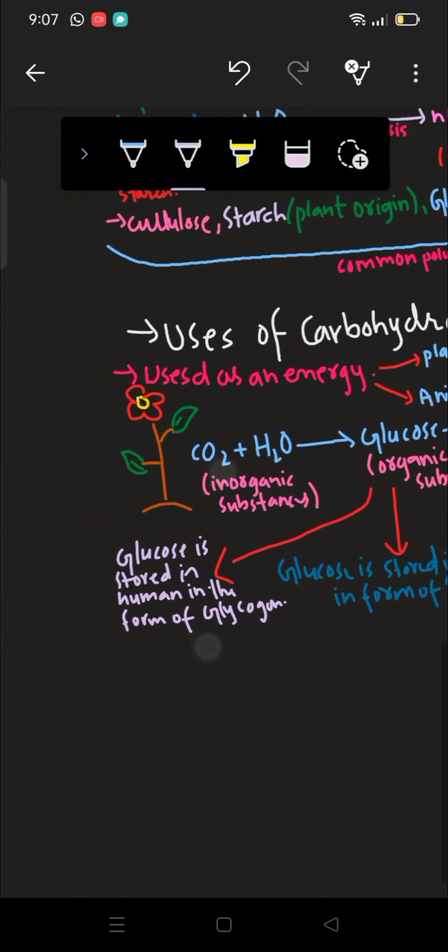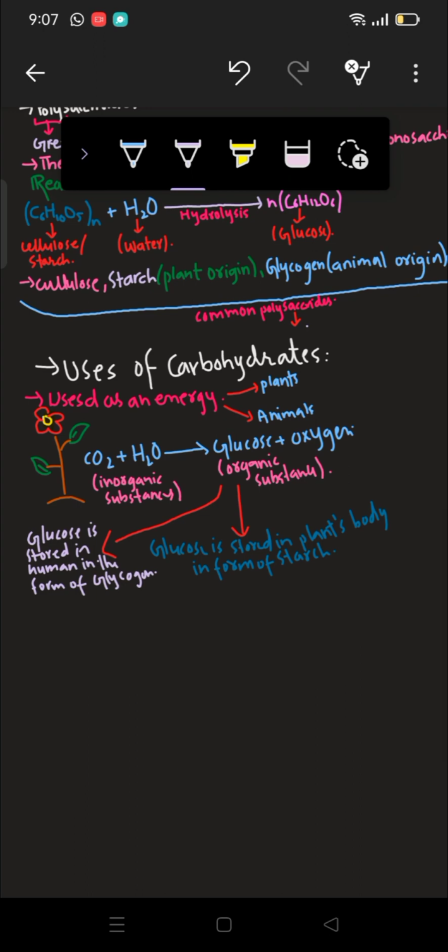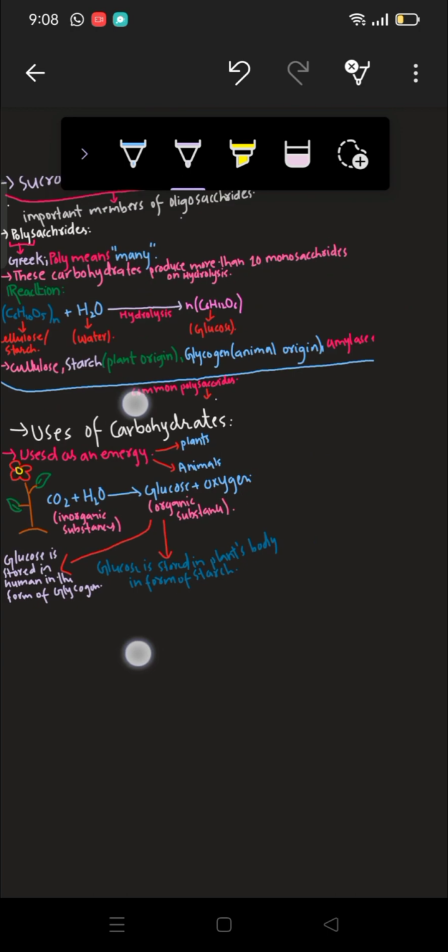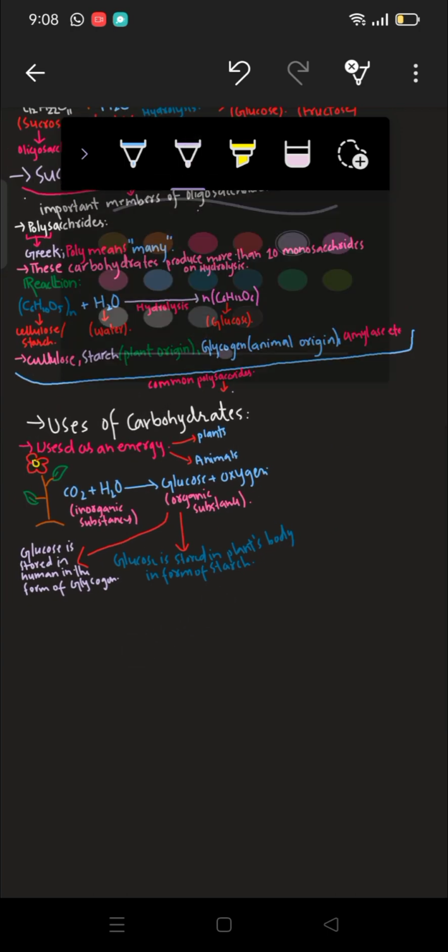Then we know that when we have less glucose in our body, the signals go to the beta cells of the pancreas. Then beta cells start producing insulin. And insulin breaks this chain of glycogen and converts it into glucose, and glucose is circulated throughout the whole body. So let me write this as well.